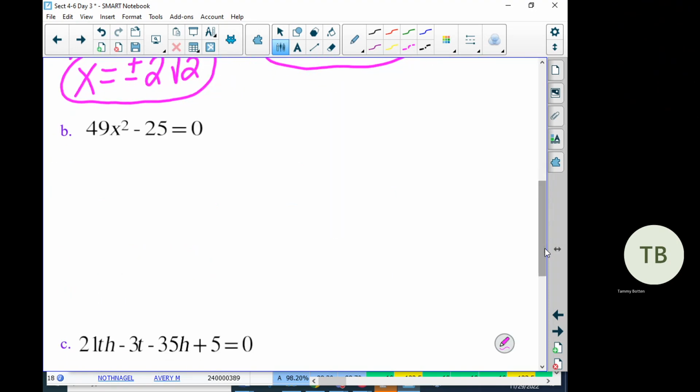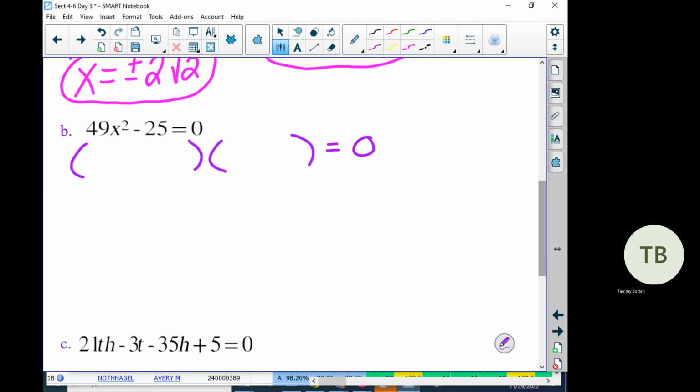Okay, now if I look at B, this has two terms, and it's going to be difference of squares. If this has a minus, this is an even power. 49 is a perfect square, and 25 is a perfect square.